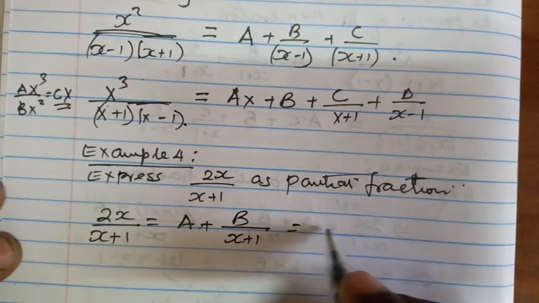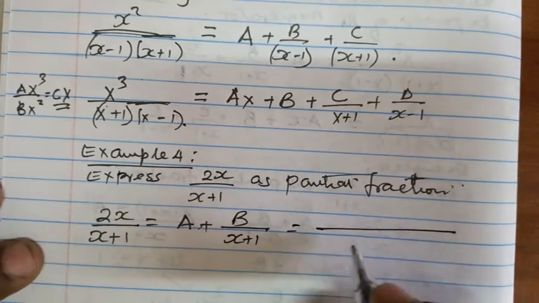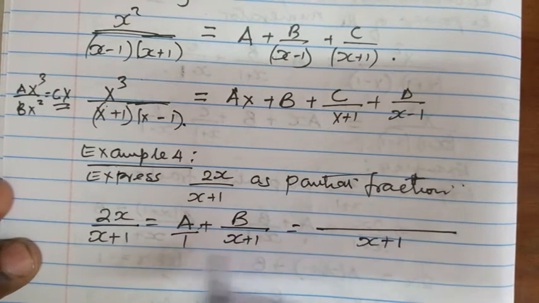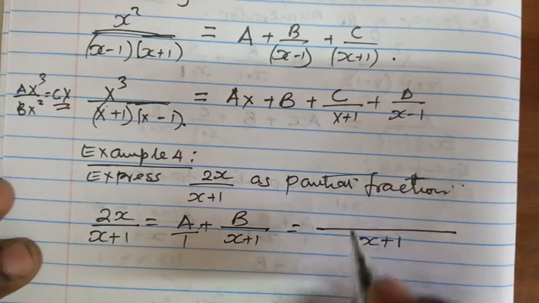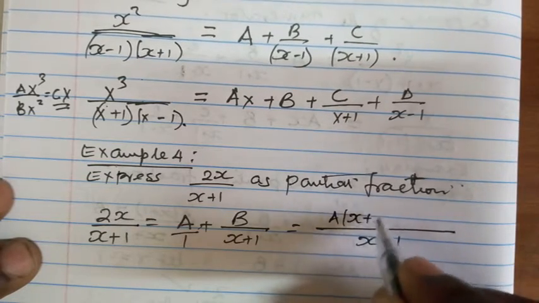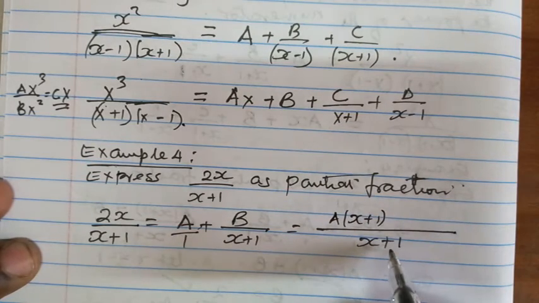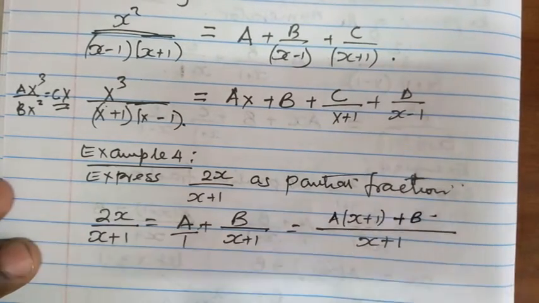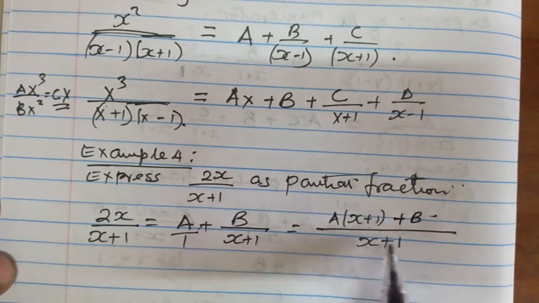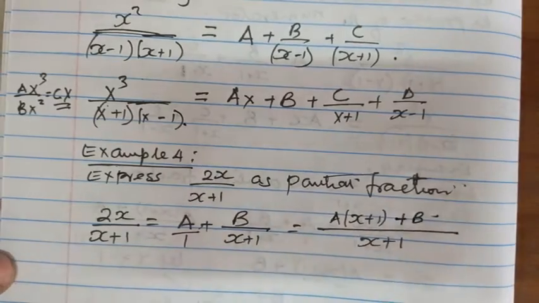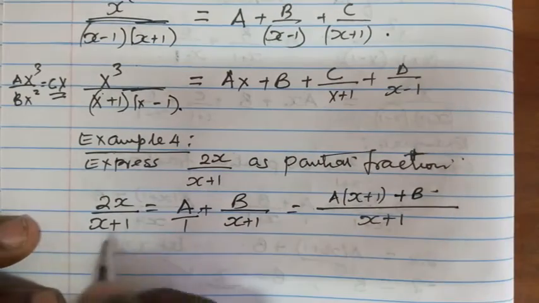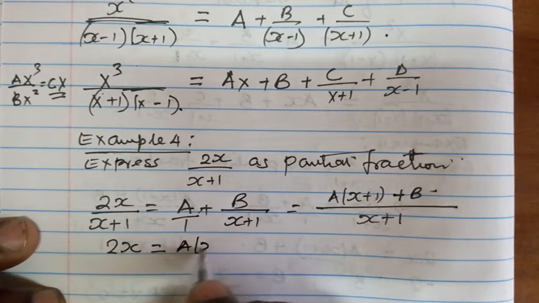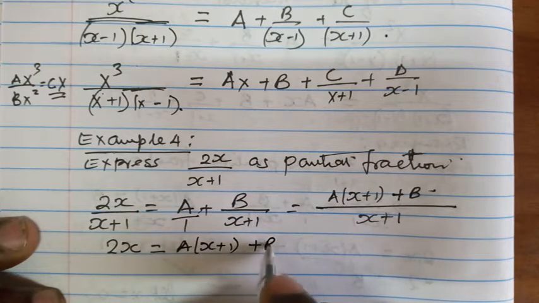Taking the LCM on the right hand side, we get 2x equals a(x plus 1) plus b.